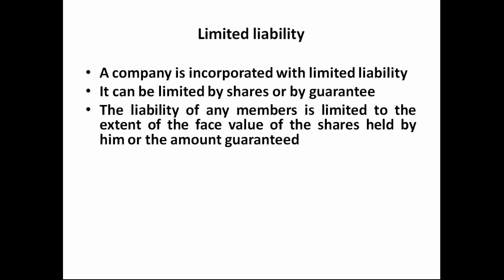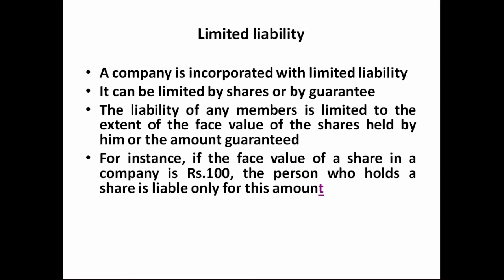Be careful about the words face value of shares held by the member, if it is limited by shares, or it will be limited by the amount guaranteed if the company is limited by guarantee. So two types: limited by shares and limited by guarantee. For instance, if the face value of a share in a company is 100 rupees, a member holding one share of rupees 100 will have liability limited only to this amount of rupees 100 and nothing more.